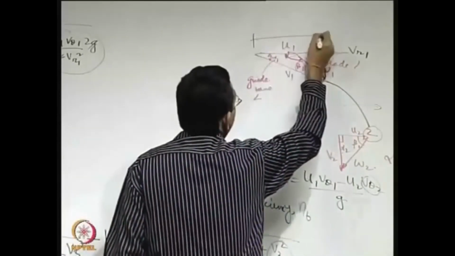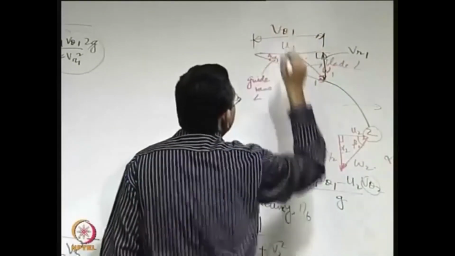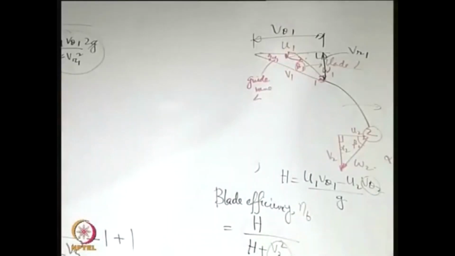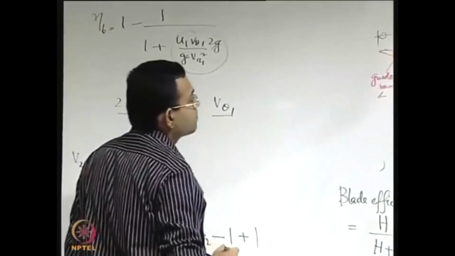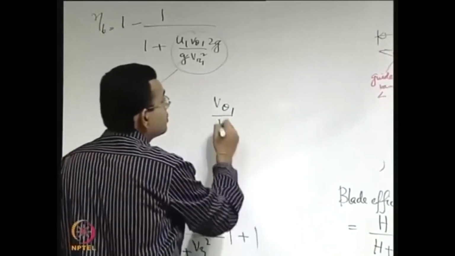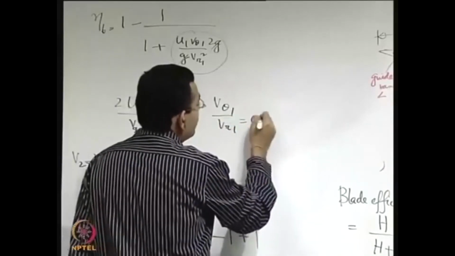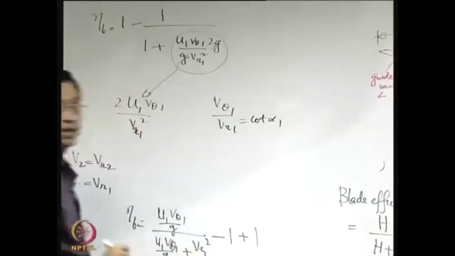This is V theta 1. So you can write that V theta 1 by VR1 is equal to cot alpha 1, right.